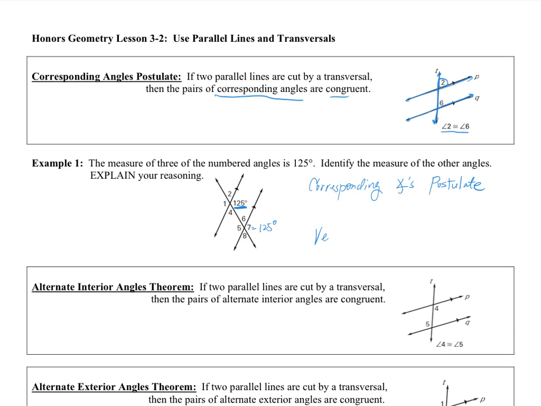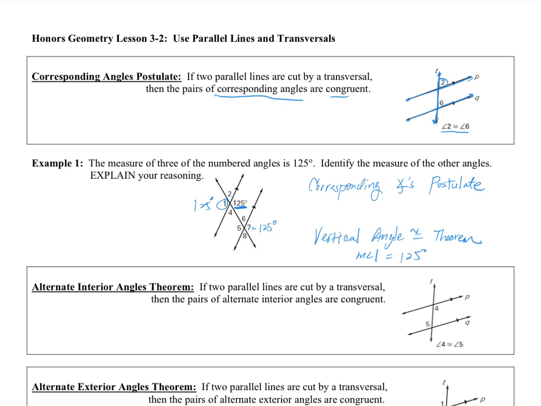And by the vertical angle congruent theorem, which we discussed in the previous lesson, measure angle 1 must also equal 125 degrees.